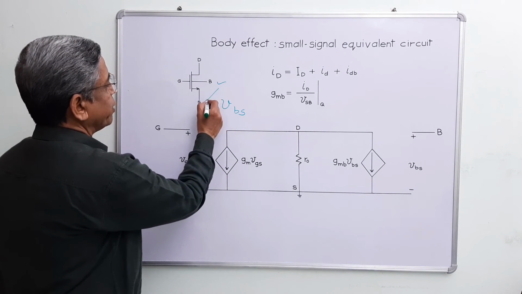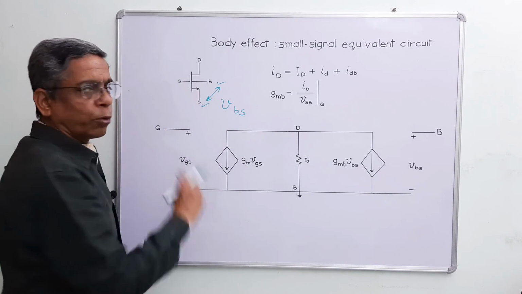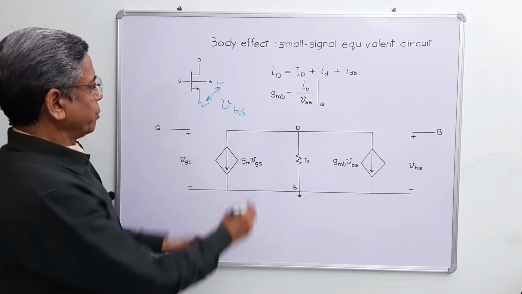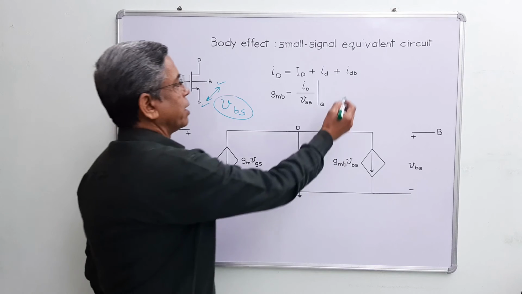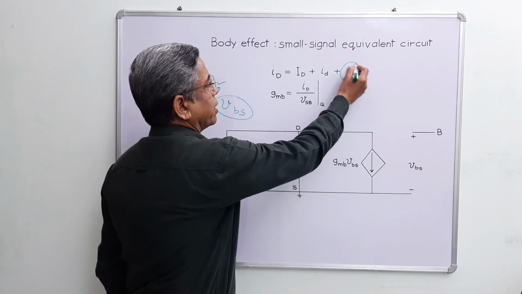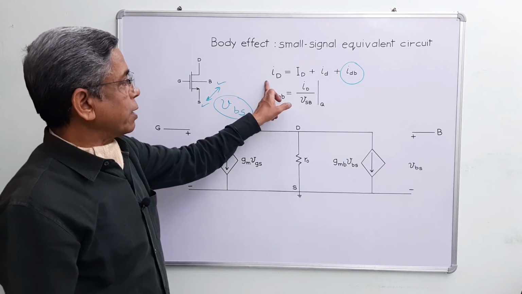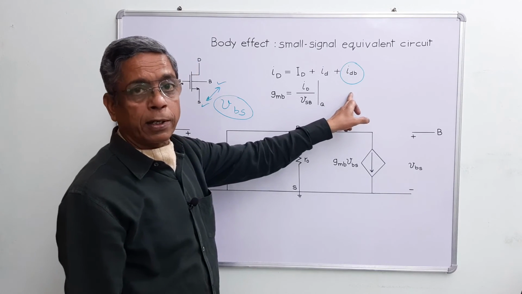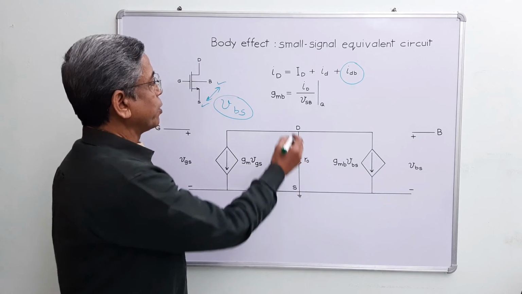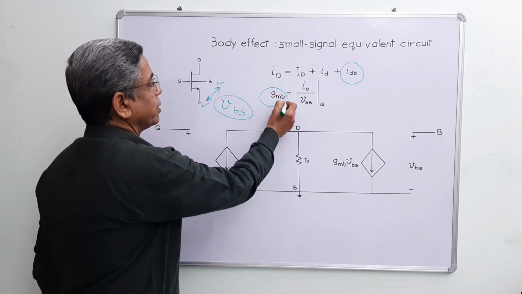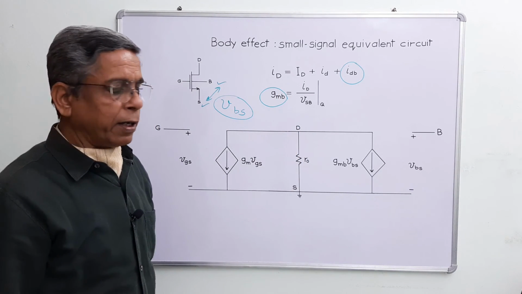is created between the body and source terminals. And this potential difference is responsible for the extra factor in drain current. So this component of drain current is because of the body effect. In this way, we can calculate the transconductance of the device for the body effect.